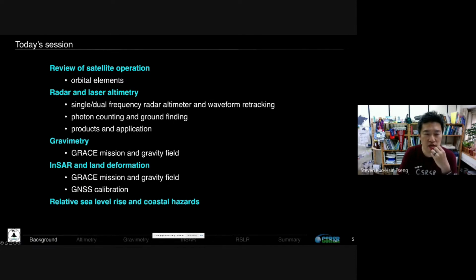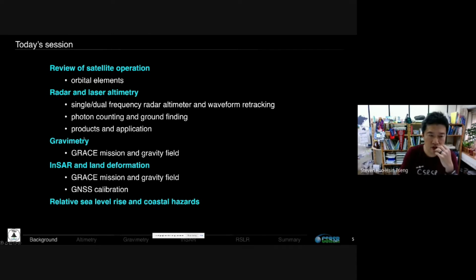Because laser altimetry is more difficult for measuring the motion over land, as land has stronger reflection. It's very difficult to have the same geolocation because the geopointing is another issue. It's very difficult to get the same location and keep measuring it for a long time. So we need other tools to measure the motion of the land.